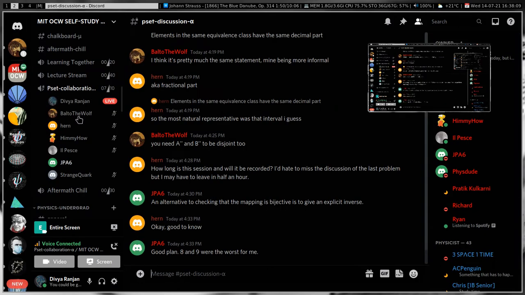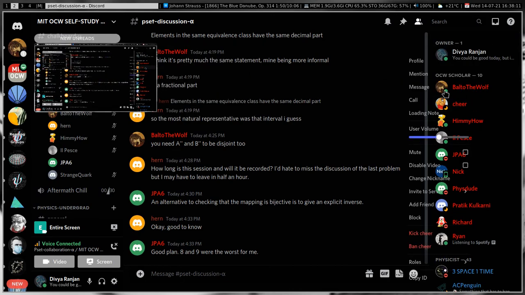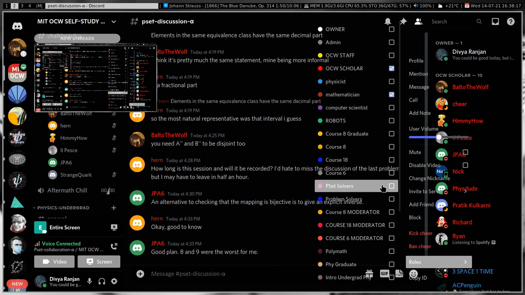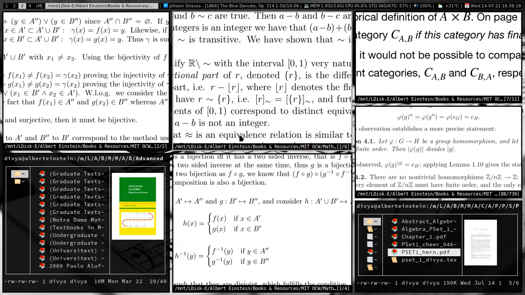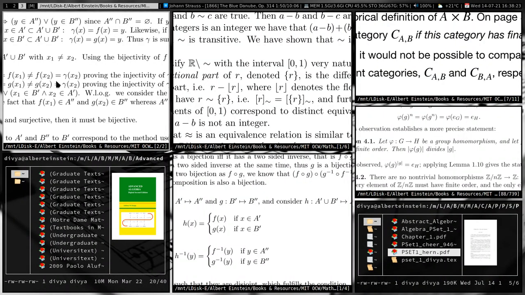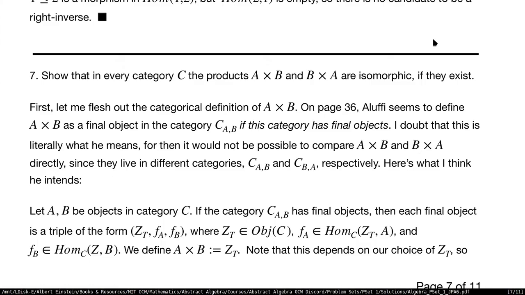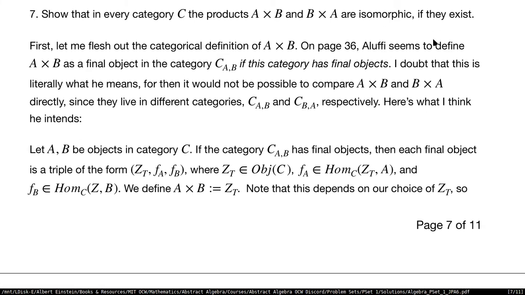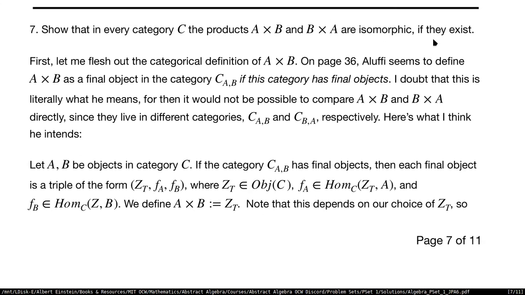So what I need is for A cross B and B cross A to live, preferably, back in the category C. So what we're basically doing is just throwing away the projections. Okay. So you're replacing the projections with these morphisms. Well, the objects in C_AB are objects along with morphisms. But that's what the final object is.